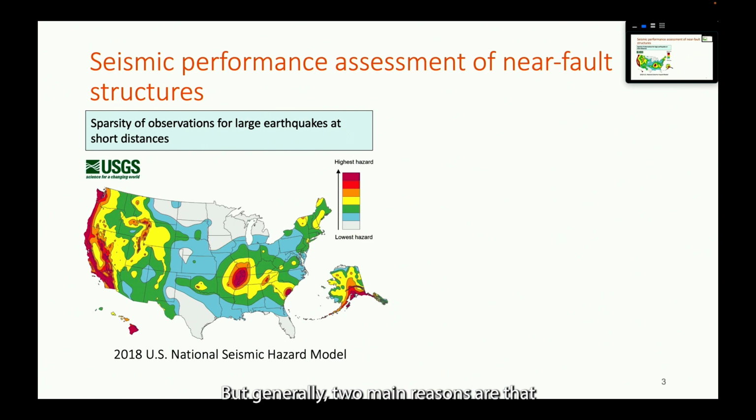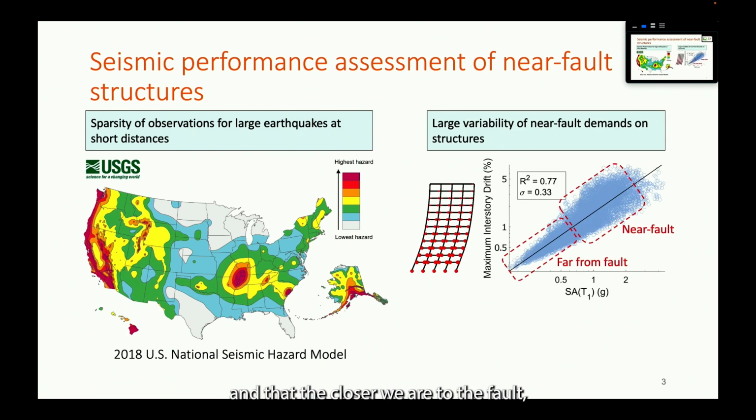But generally, two main reasons are the fact that we don't have that many observations for large earthquakes at short distances, and that the closer we are to the fault, the larger the variability. So because of the variability of the shaking intensity, we also get large variability in the structural demands, and because the nonlinear behavior of the structures kicks in, then you have a lot more complexity in assessing that behavior.